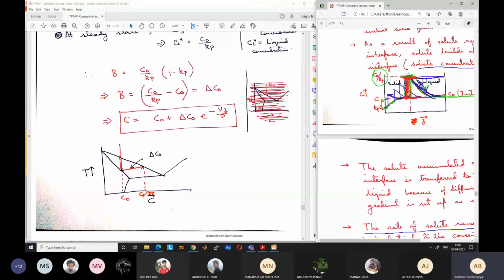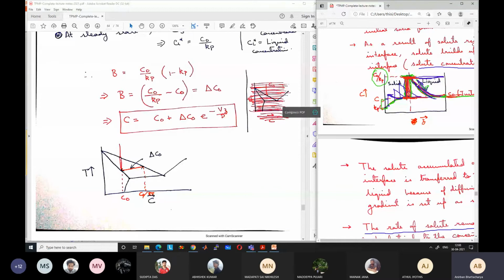So far away the concentration is C0. Okay. So it satisfies these two boundary conditions. At Z equal to 0, it is C0 plus delta C0, and far away it is just C0. Okay. And in between the variation is exponential and is given by this expression C0 plus delta C0 e to the power minus V Z by D. So this is the concentration variation in the liquid. Okay. Or the equation for the boundary layer.